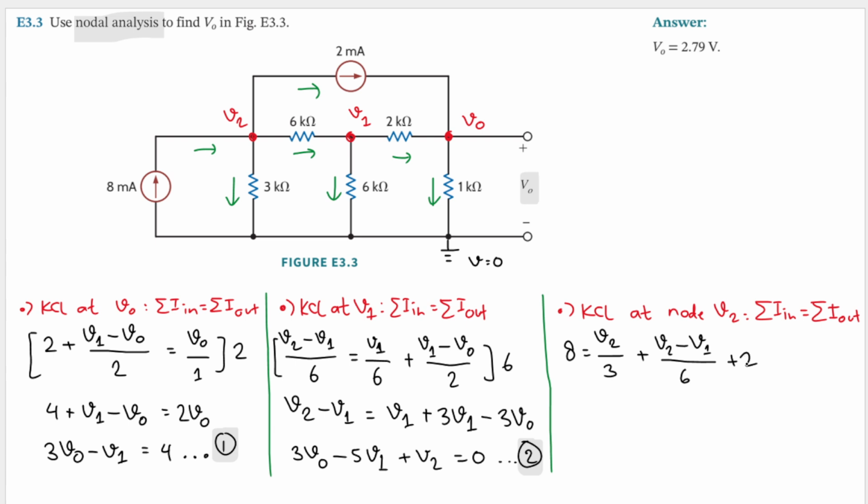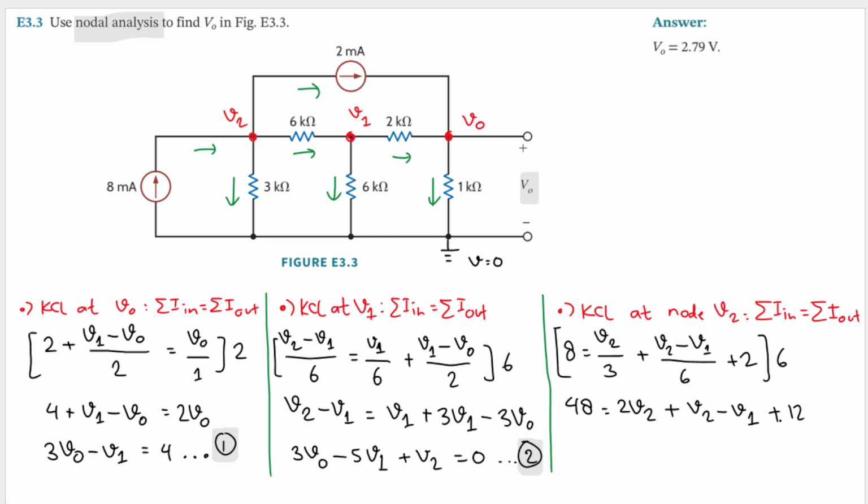Okay, let's multiply both sides by 6 first, so we can get rid of the denominator. So we'll have 48. And then this 3 and 6 will cancel into 2, so we'll have 2v2. And then here, 6 and 6 will cancel each other, so we'll have v2 minus v1. And then we will have plus 12.